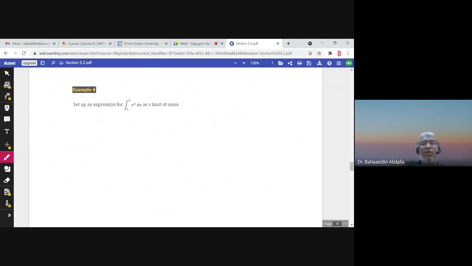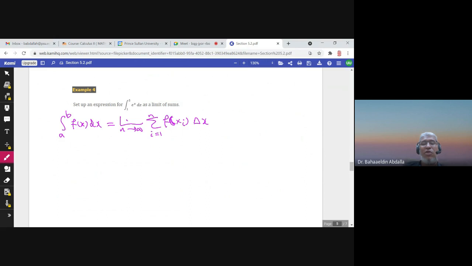Set up an expression for this function as a limit of sum. Again, we will use the same rule, which is the integral from a to b of f of x dx is the limit when n goes to infinity of the summation i from 1 to n, f of x i times delta x.